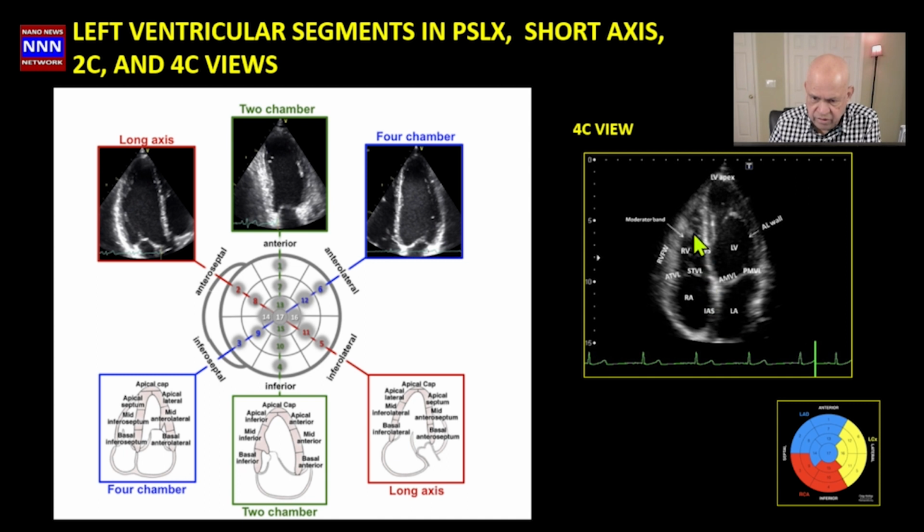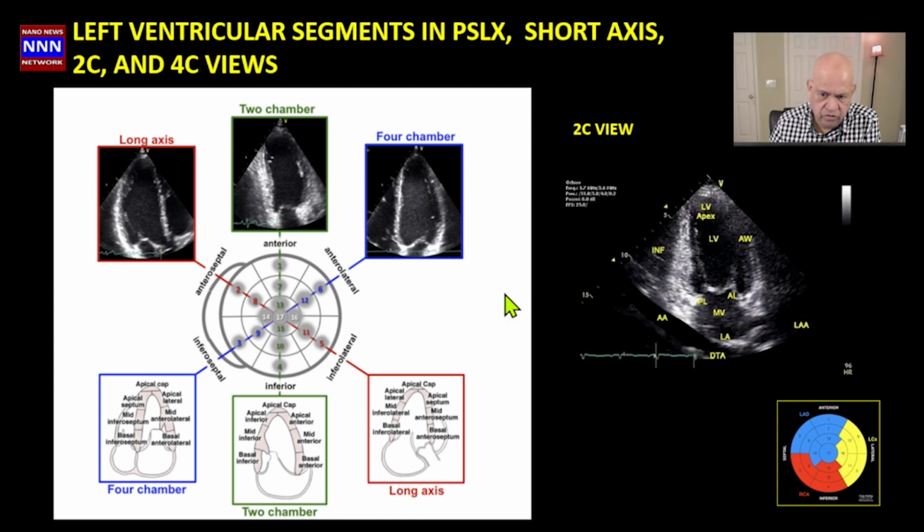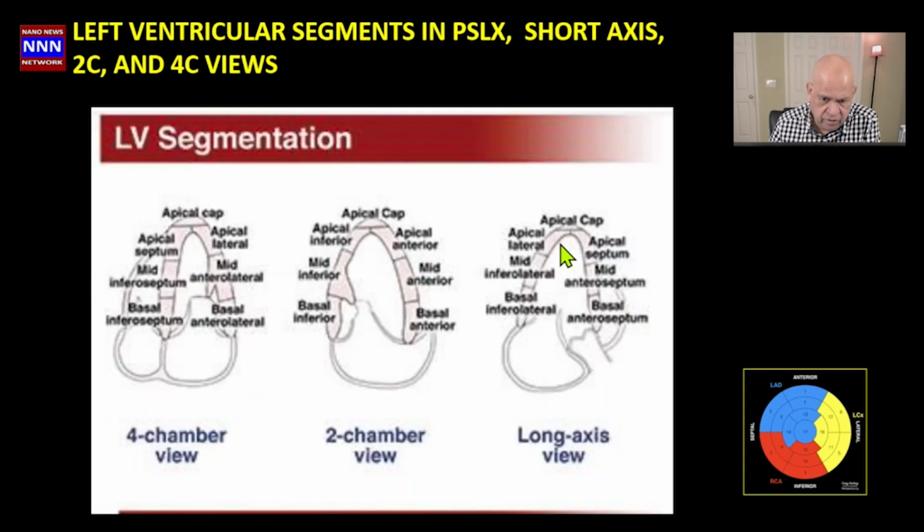And here's some labeling of these various views, depending upon the two-chamber view. In a two-chamber view, obviously we have the anterior wall and the inferior wall, as I showed you in the short axis, and this is the LV apex. So those are different views.